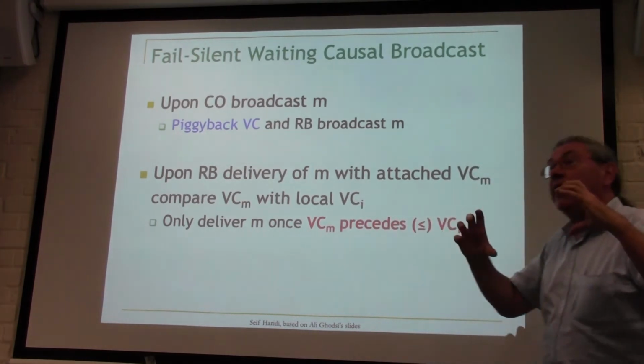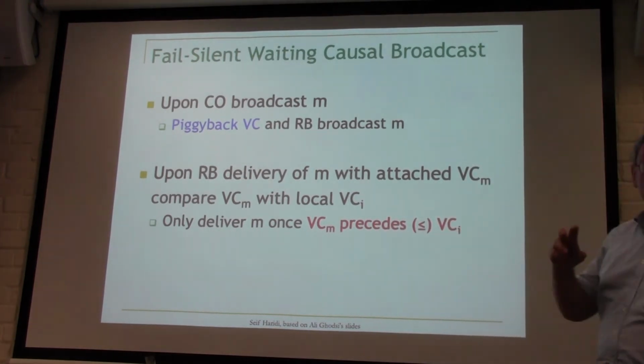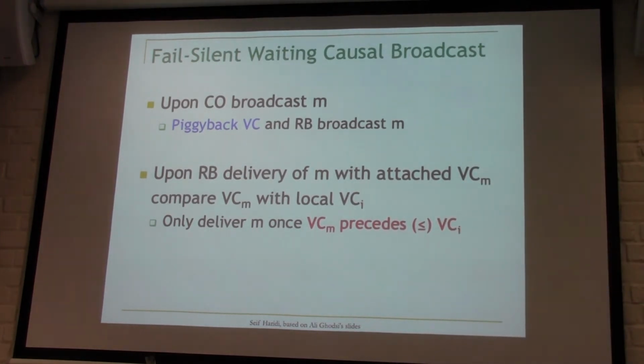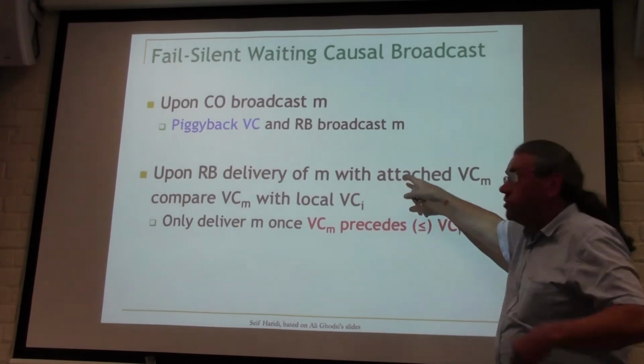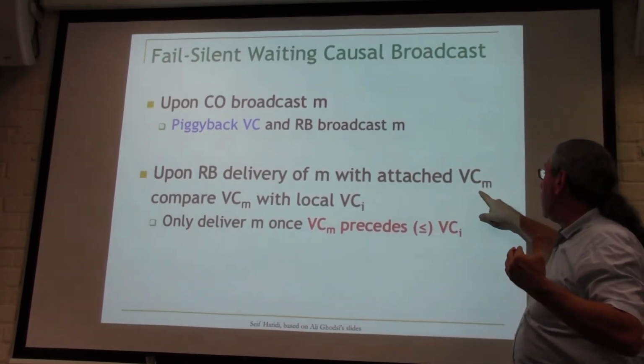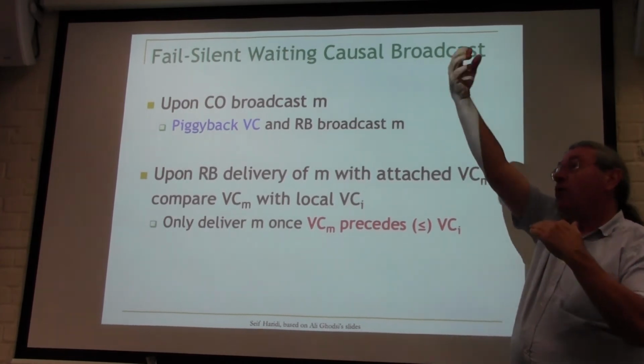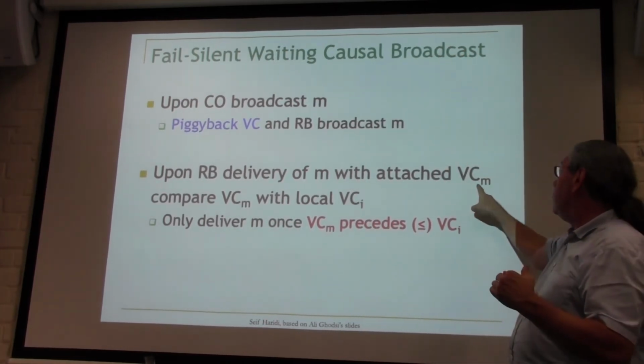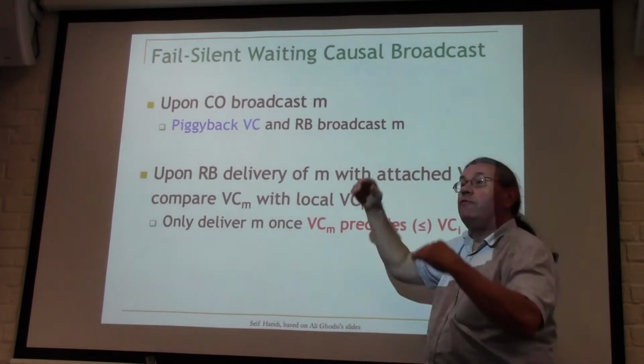So it's just an array of fixed size, and each node only has to keep track of that array. And when a node receives an RB delivery with a vector clock, it will compare the received vector clock, VCM, with the local vector clock.